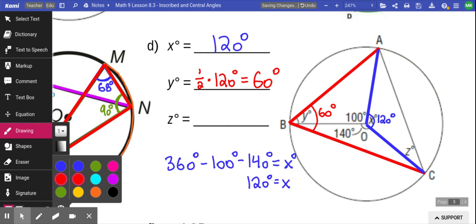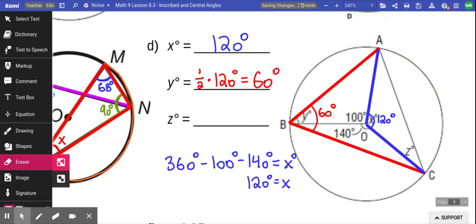Wonderful. My last one is angle Z over there. I'm going to look at angle Z and see if I can figure out some tricks, because it's going to be a hard one by the looks of it. The first thing I would do is see if it's an inscribed angle or a central angle. I can't really tell.